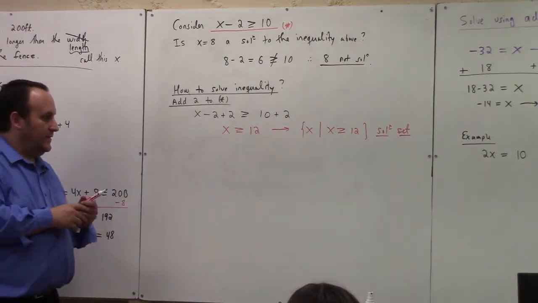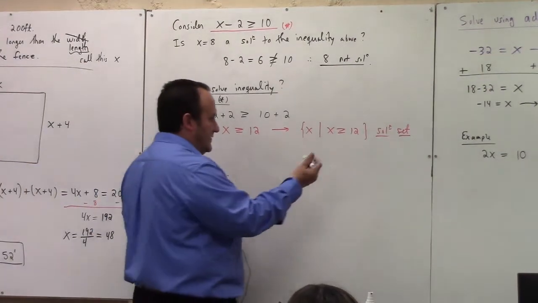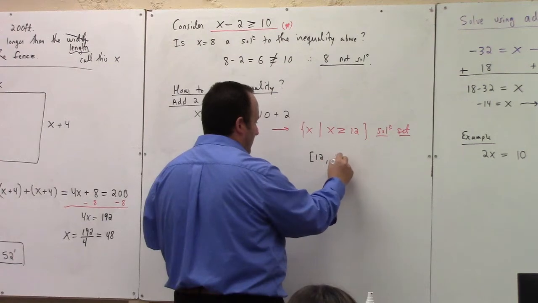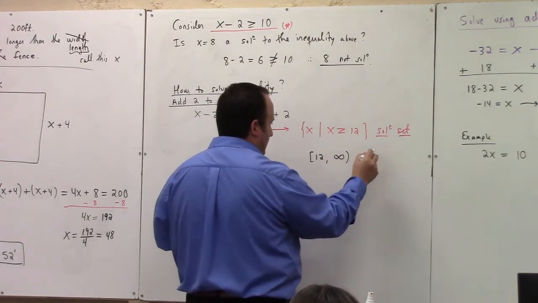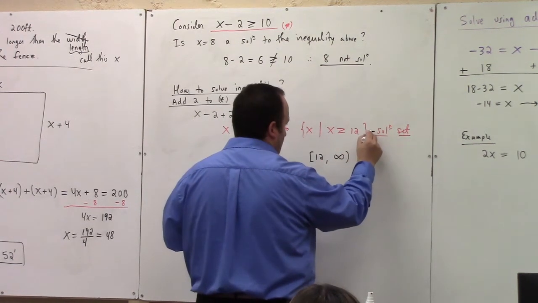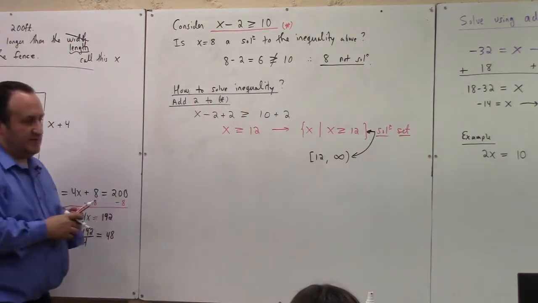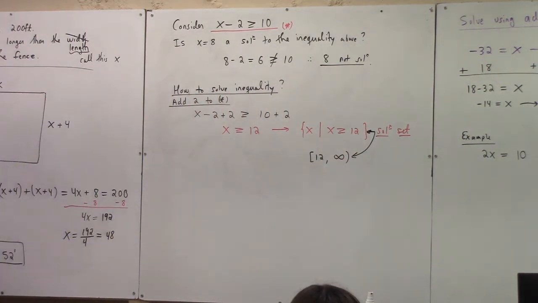Another way you could write this would be to include 12 and go all the way to infinity. These are the same thing. That's the interval notation for the solution.